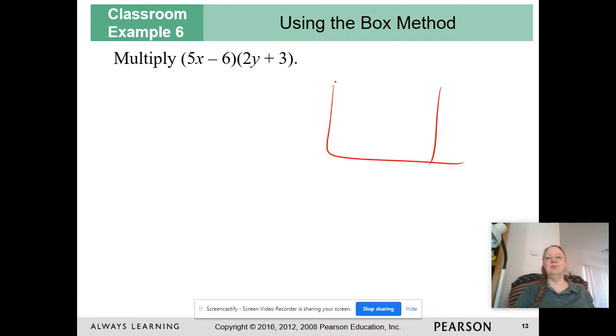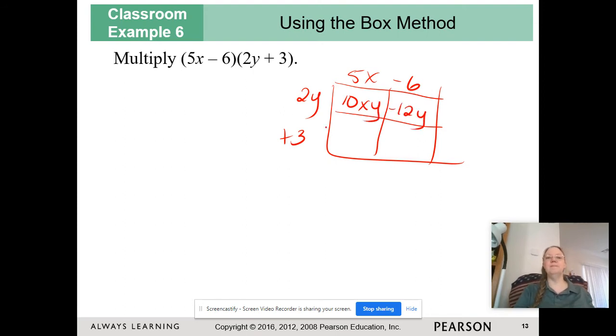All right, so now we have 5x minus 6 and a 2y plus 3. And we're going to multiply 10 times x times y, -12y, 15x, and -18.